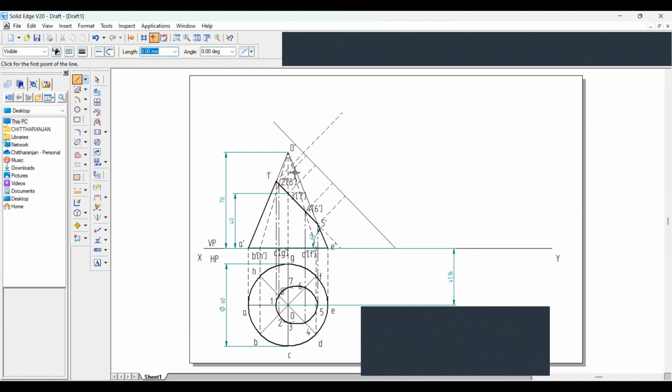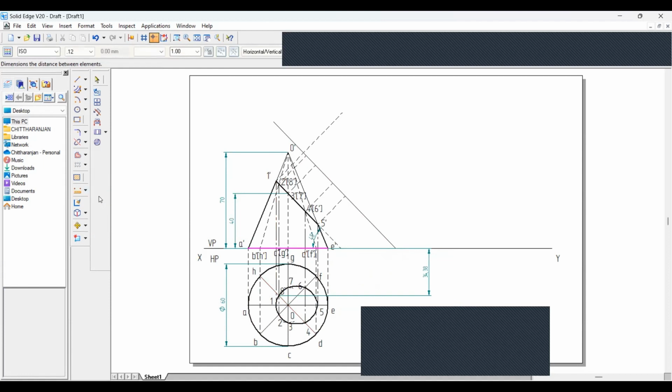Now again from here, delete this, and again you have to see the distance from this axis to this point. It is 34.38, and again the distance between this point and this end point is 13.95.